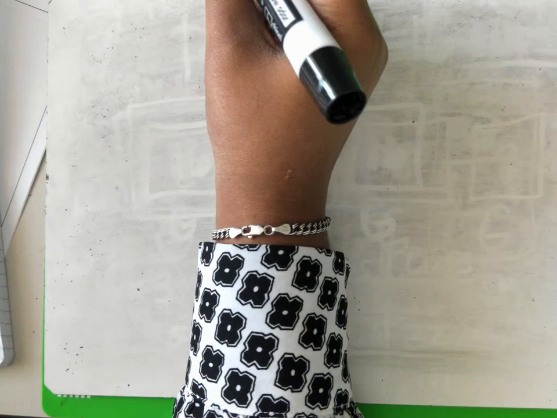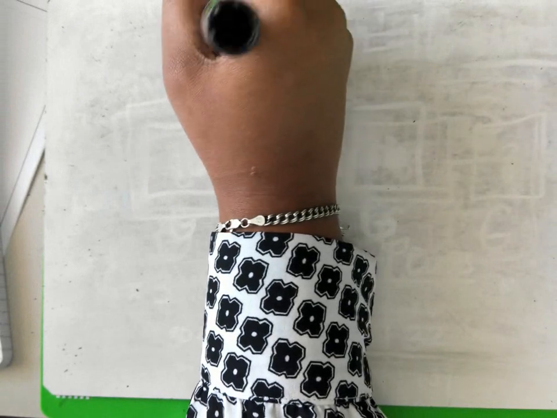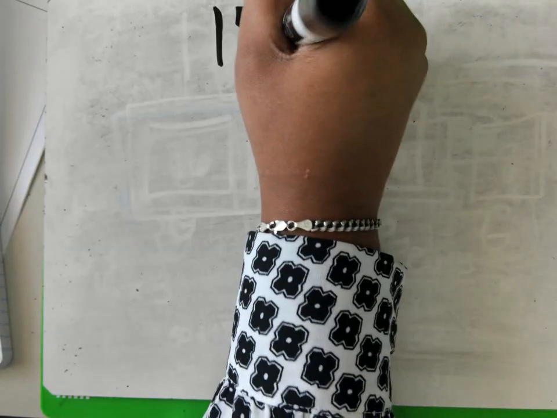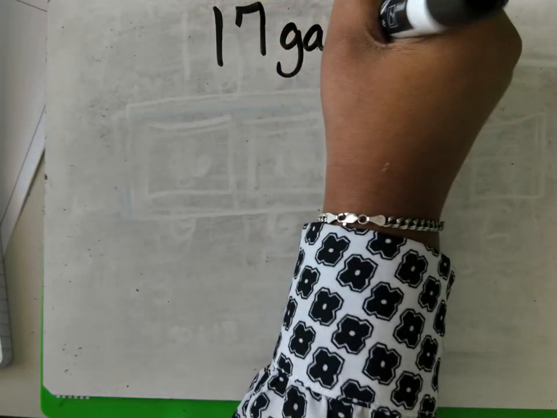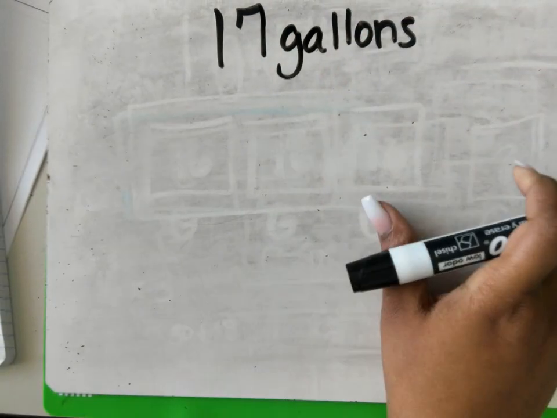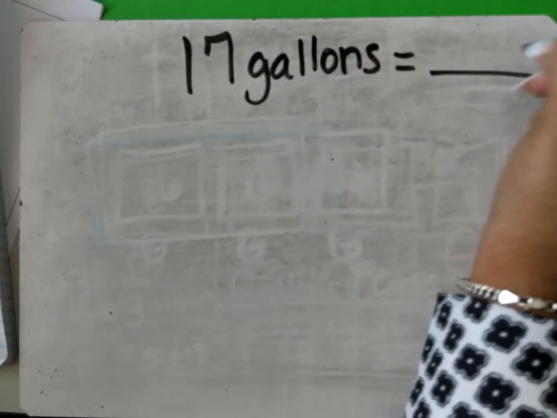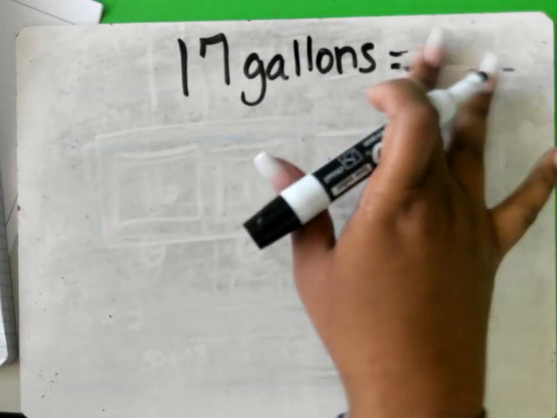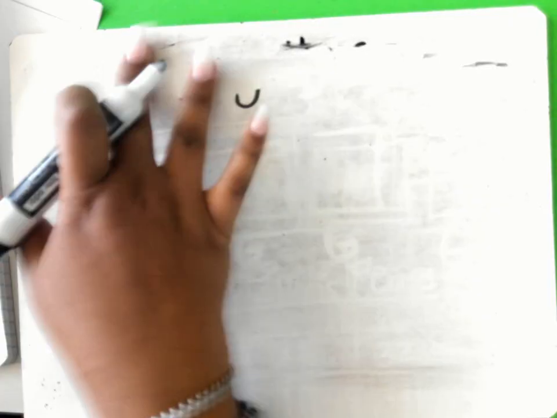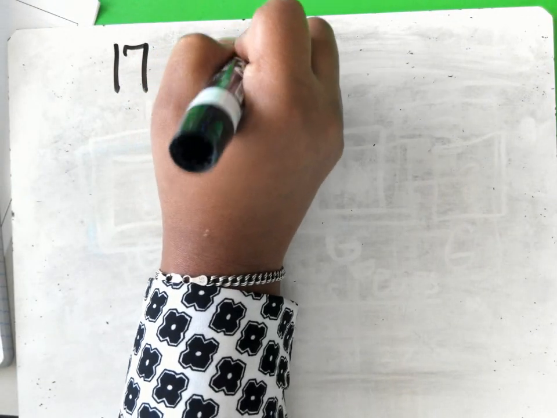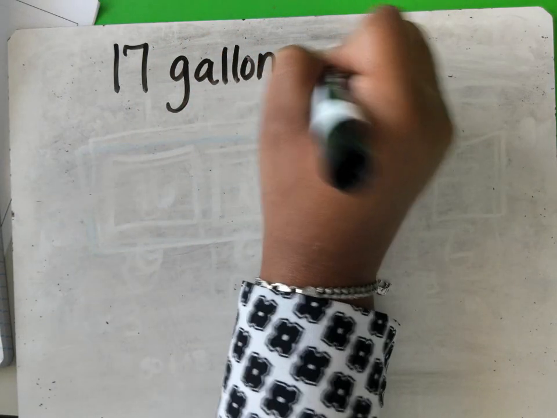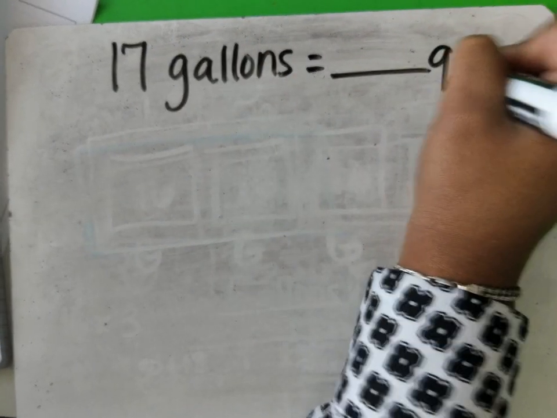So if I have a total of 17 gallons, okay, and I want to find out how many quarts I have. I'm sorry, let me back up. 17 gallons. Just make it, all right, here we go. Make a little bit more room. And I want to find out how many quarts I have.